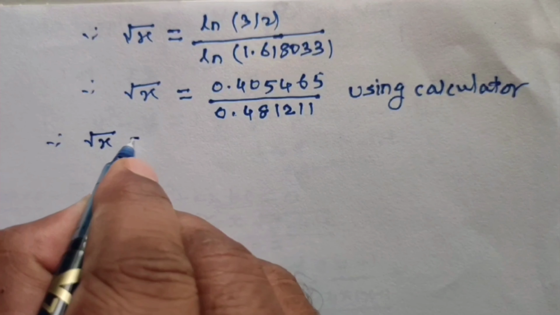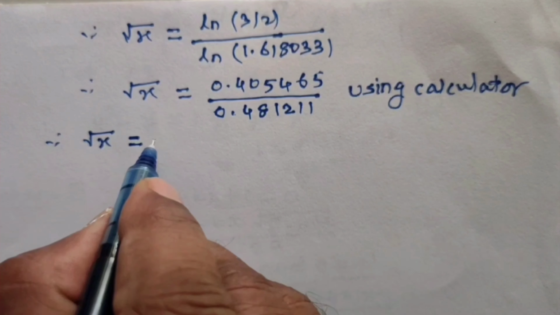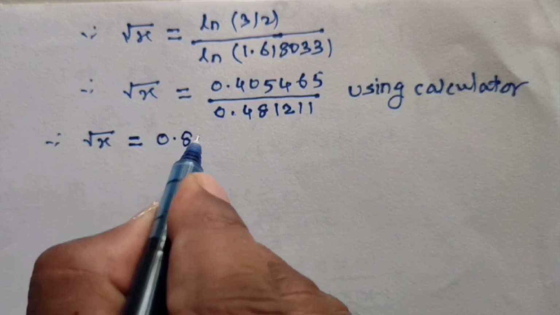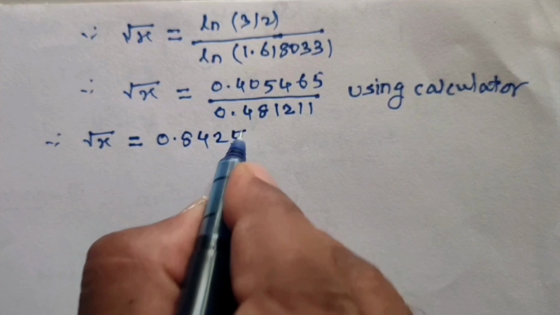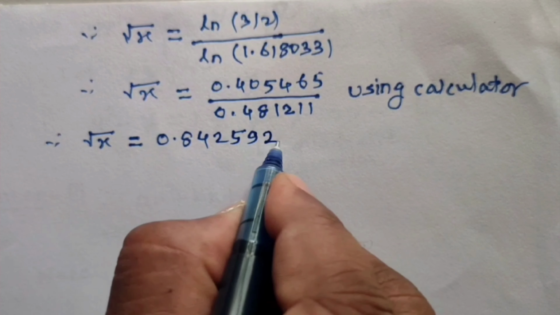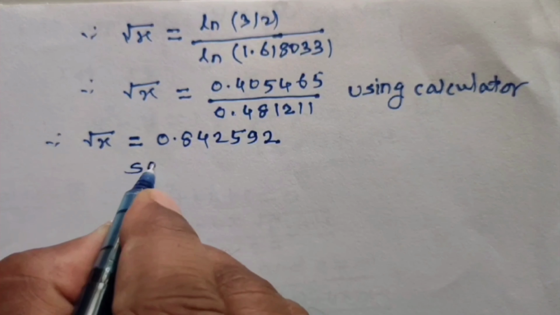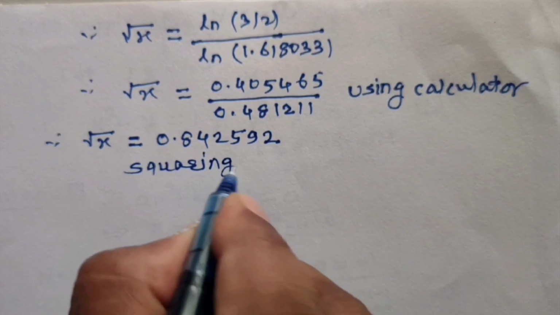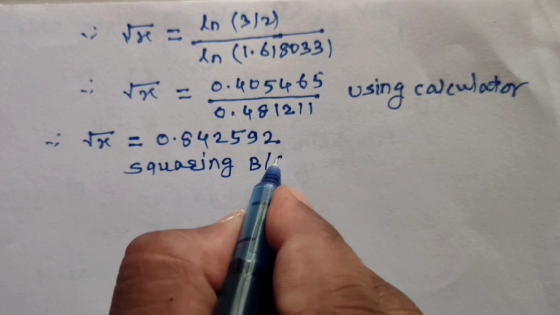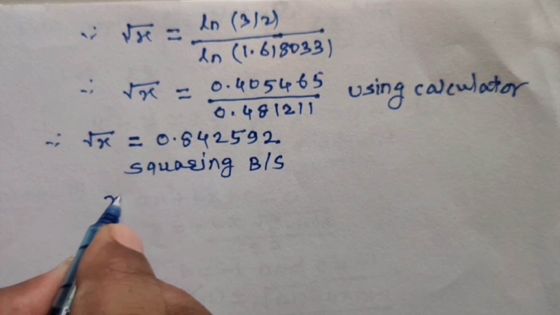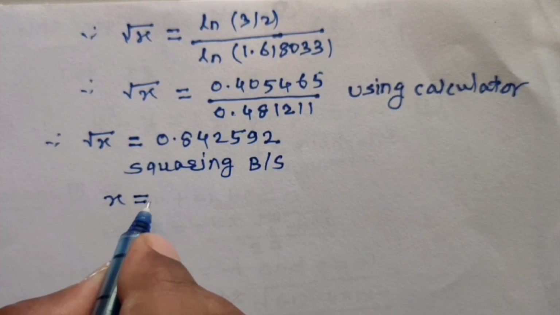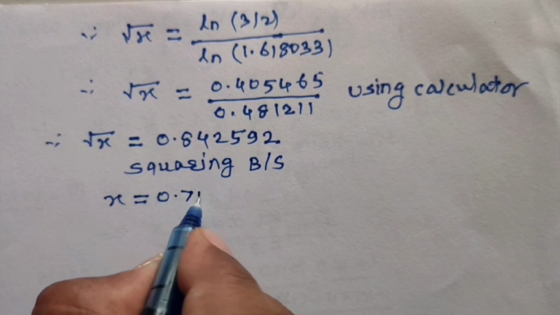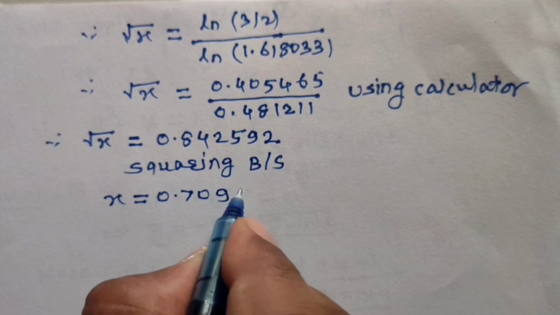We have to use a calculator to calculate this value. Hence square root of x is equal to 0.842592, which is the ratio of 0.405465 with 0.481211. This is the value of square root of x.